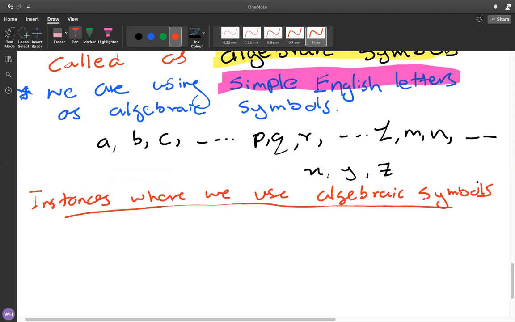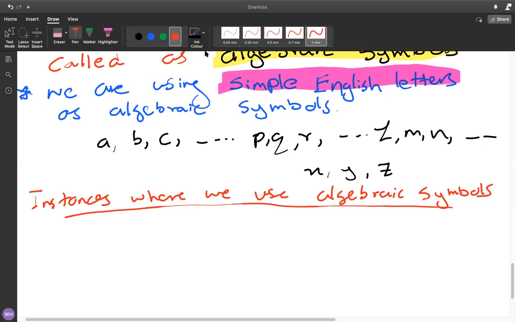So we want to write that heading: instances where we use algebraic symbols. Randinu, are you in the class?